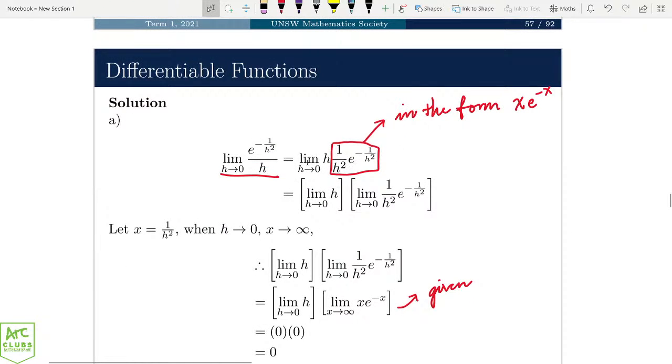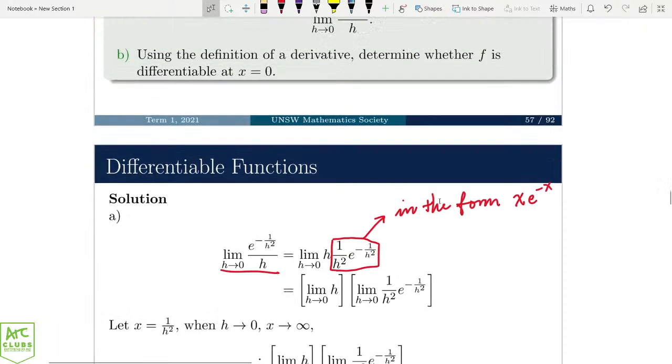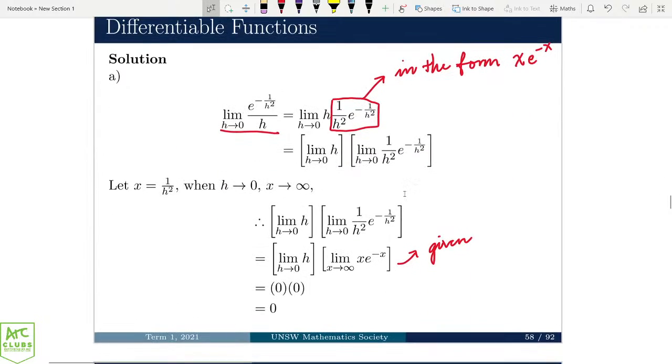So using some basic operations with limits, we know we can break it into two distinct limits. This is what we're trying to apply our condition into. Now, if we want to apply our condition, which involves x times e to the power of negative x, the assumption we're making here is letting x be 1 on h squared.